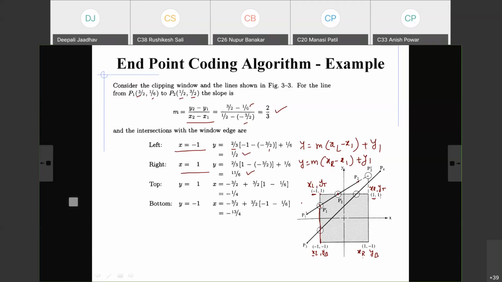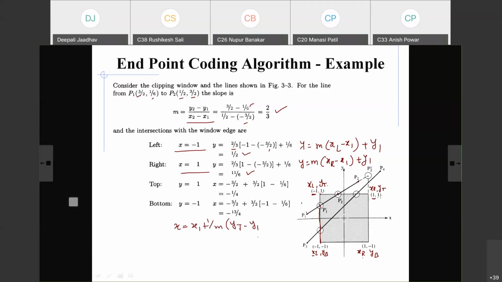Similarly, for top. What is the value of yt? Y top is equal to 1. And we calculate x using the equation: x is equal to x1 plus 1 by m multiplied by yt minus y1.